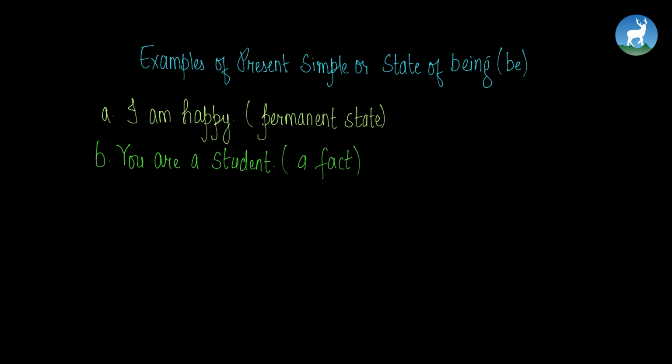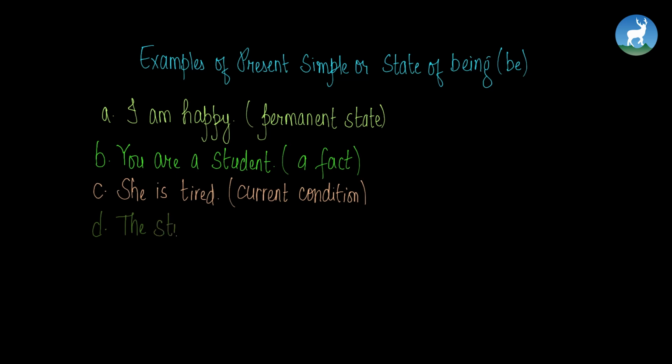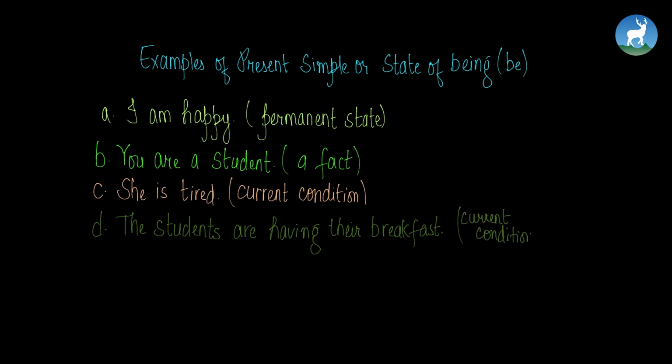So another example, she is tired. What is this sentence reflecting? It's expressing a current condition. D. The students are having their breakfast. So this one is also explaining a permanent state or a current condition, right? Permanent state for the time being. Don't get confused with that.